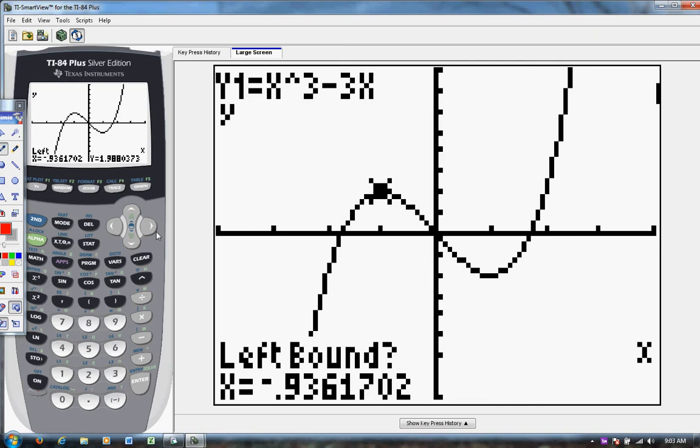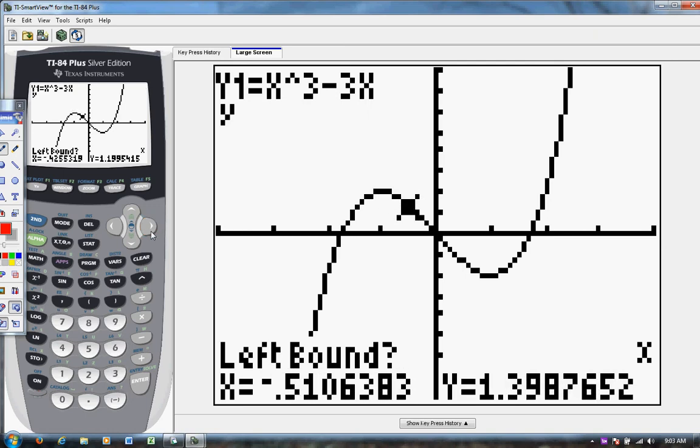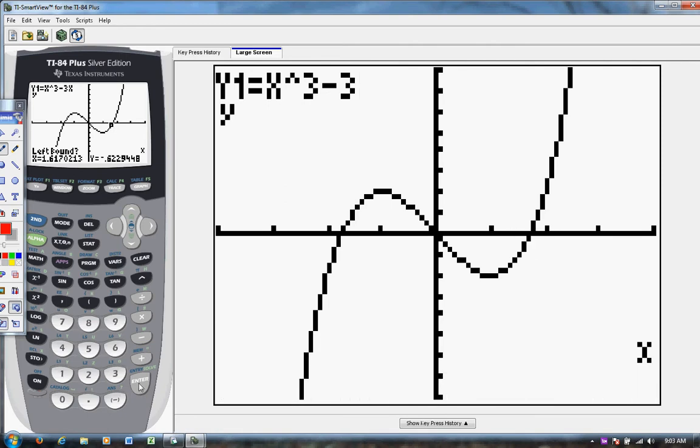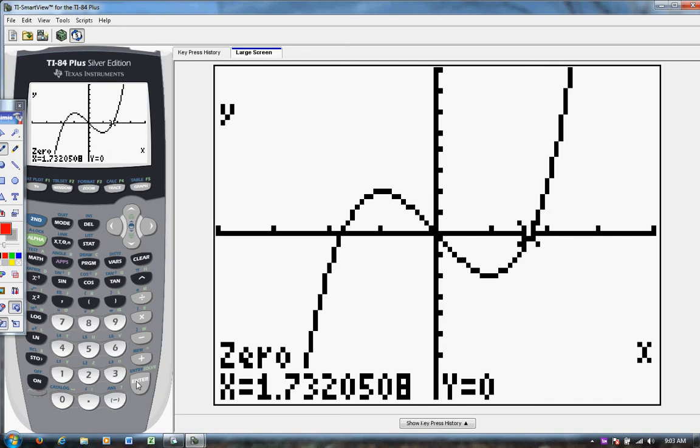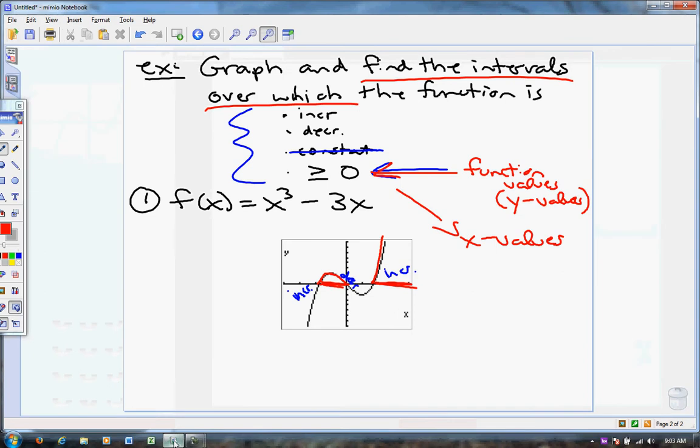So we need to move my cursor over until I'm just to the left of that 0. That's good. Hit enter. Move it just to the right of that 0. Hit enter. And hit enter again. So it looks like it's positive 1.73. Okay? So let's go back to my graph now.